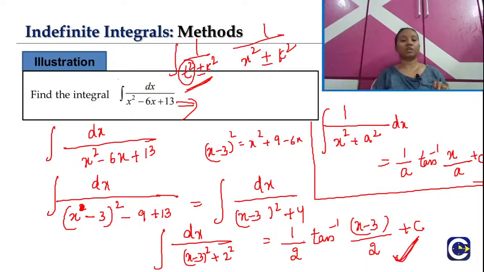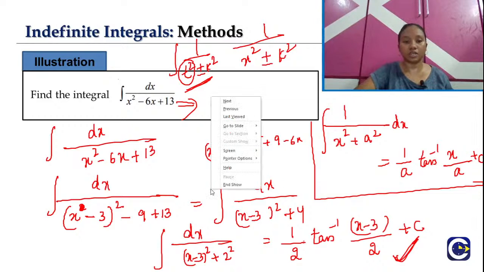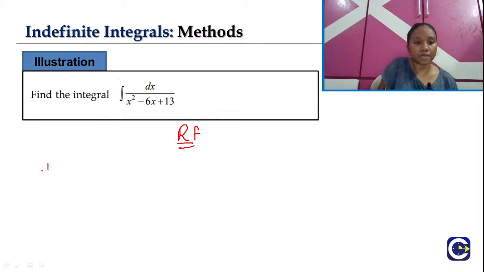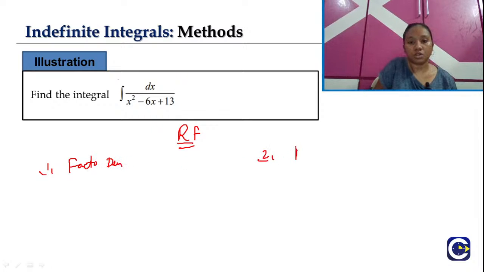In our rational functions, we have seen 2 types. First type, factorization of denominator, and the second type, not factorization, when we have a denominator which cannot be factorized.